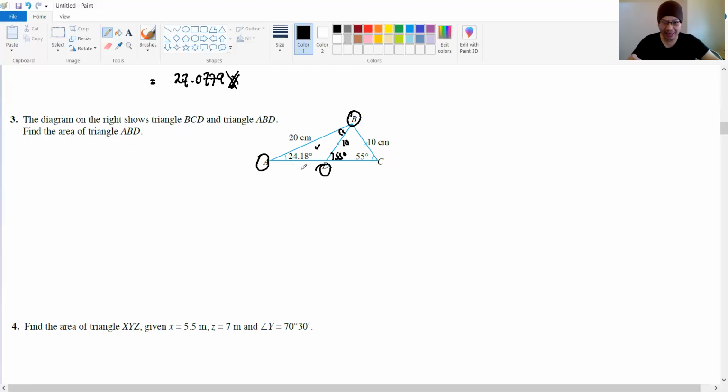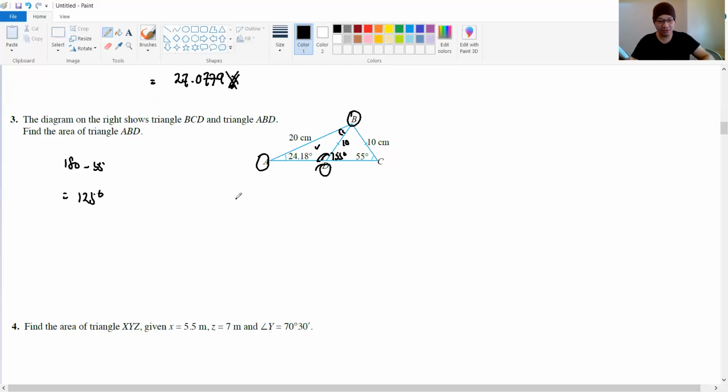But since we don't have AD, but we have BD, then BA 20, but the small angle here, how to find? Very easy, this one. You see, this is 55, this is 55, right? So how about inside here? The angle will be 180 minus 55. We are supposed to get 125 here.